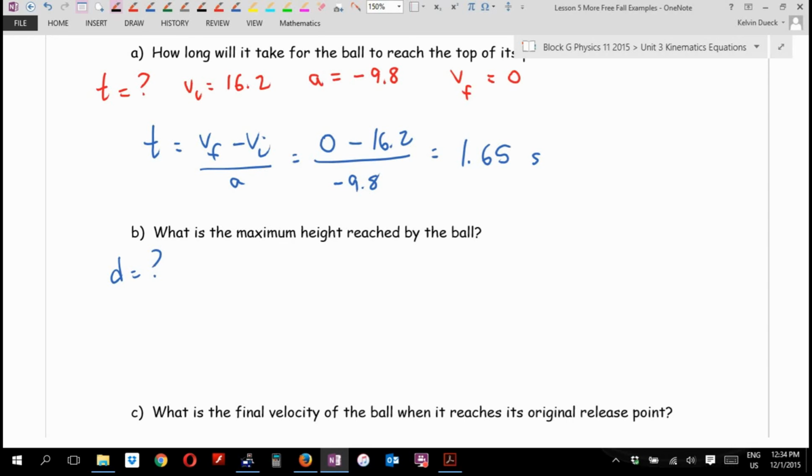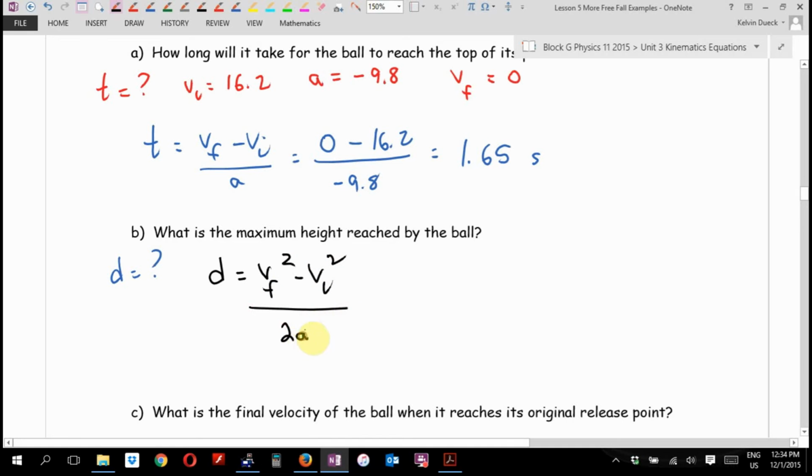Yep. Can you get the D by itself in your head? Yeah. Go ahead. D equals VF squared. Yep. VF squared. Isn't that a nice way to do it? Less work and less memorizing. That's like a double win. Keep going, Ethan. What's V final? 0. Minus. What's V initial?